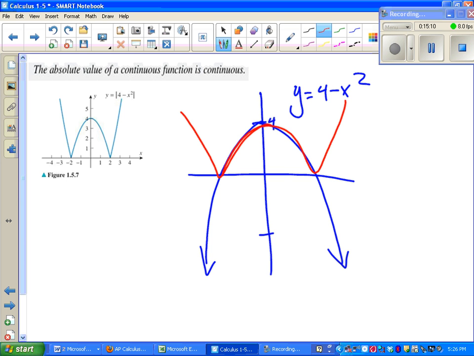And that'll always be continuous also, because all you're doing is bouncing instead of going through. You don't have to lift your pencil. You have to be careful around these points, but it's always going to work out.